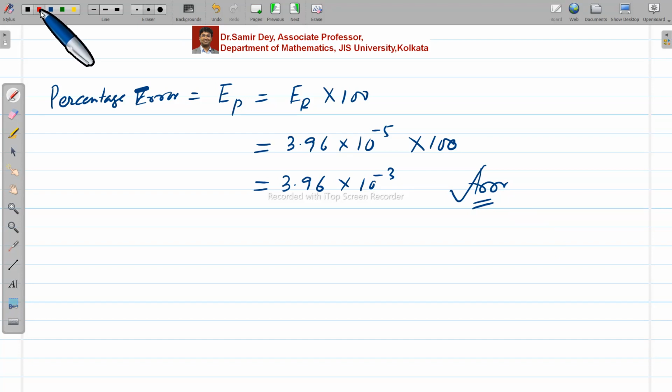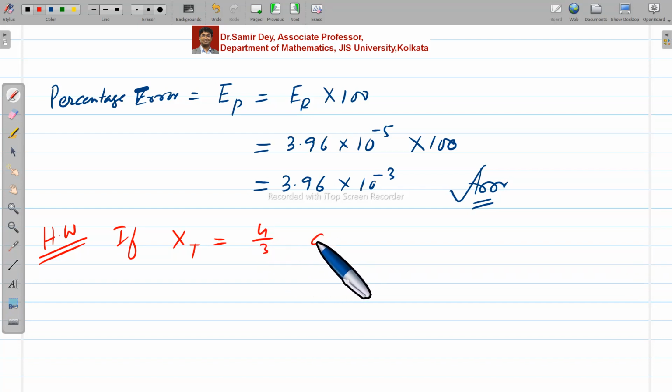Now I'm giving one homework. I used to give homework. Suppose xt is equal to 4 by 3 and xa is equal to 1.3333.